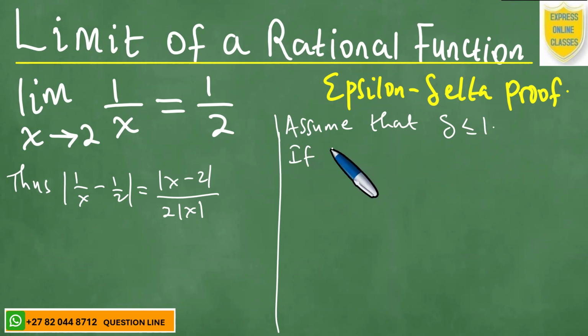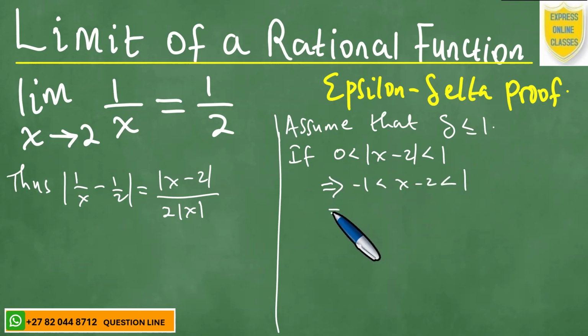If it is true that 0 is less than the absolute value of x minus 2, less than 1, from the delta statement we got previously, this means that minus 1 is smaller than x minus 2, less than 1. You add 2 across, and x is between 1 and 3. Right, and so now we have this exactly.